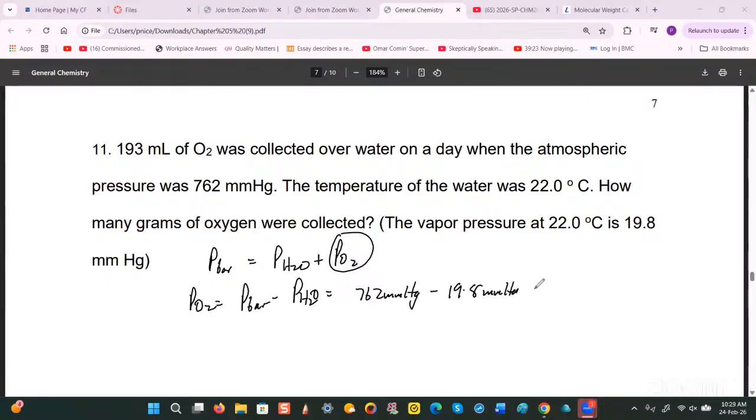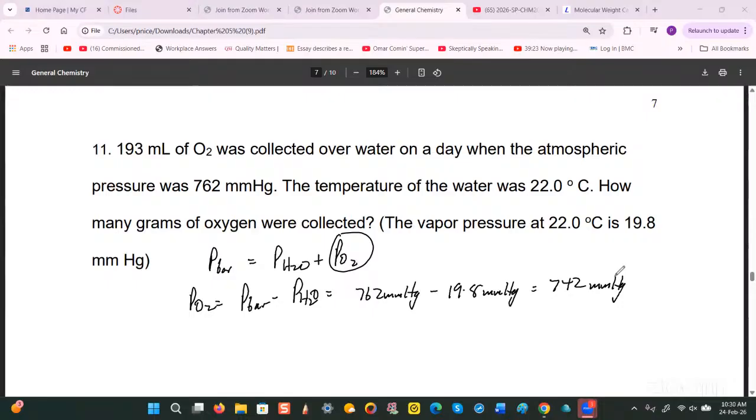So let's do that calculation first. That's 762 minus 19.8. According to my calculation, rounded to 0 decimal places, that's going to be equal to 742 millimeters mercury, right?